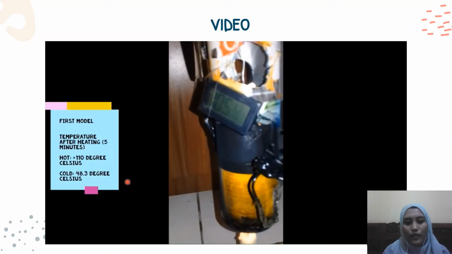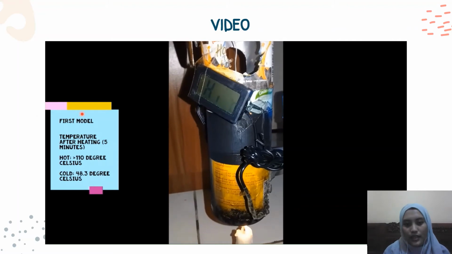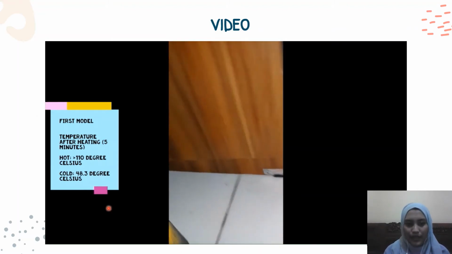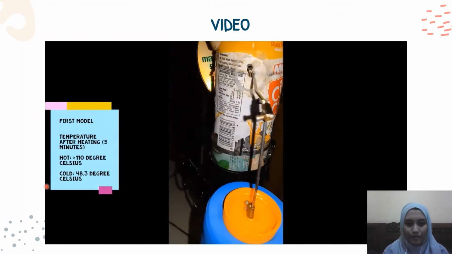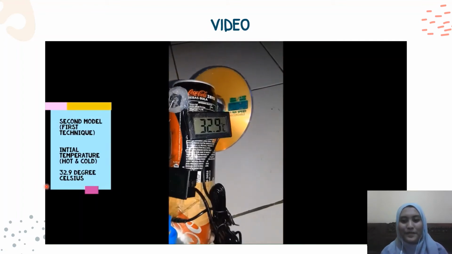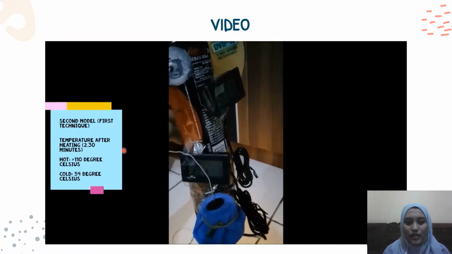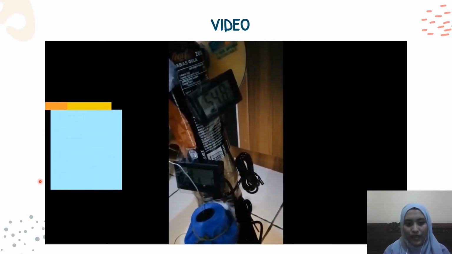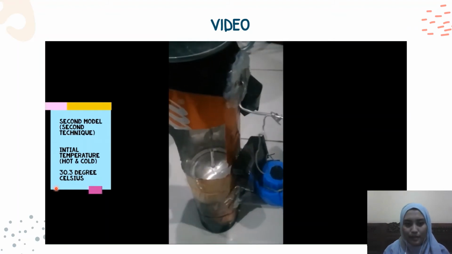Using the first model, we measure the initial temperature and also the result of the heating process using the candle. This is the result of the first model. And this is the second model using the first technique. This is the result of the temperature during the heating process.